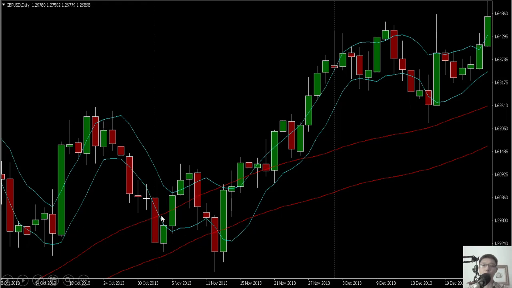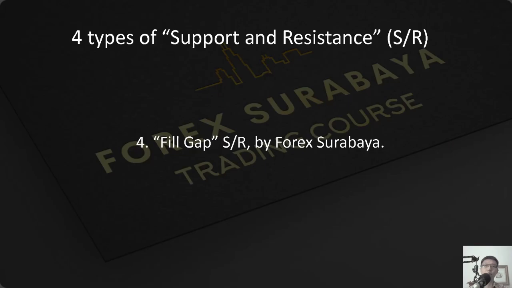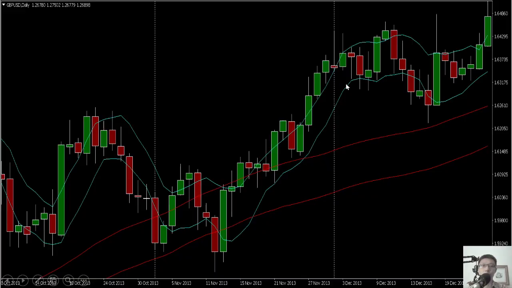So the support area is this level and this red moving average. This is the long-term moving average of 50 period, and the blue one is the short-term SMA of 5 period. We can see the price keeps pushing above this dynamic support.